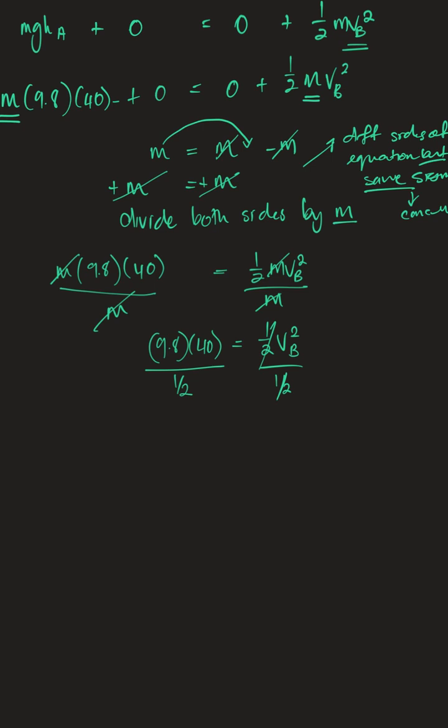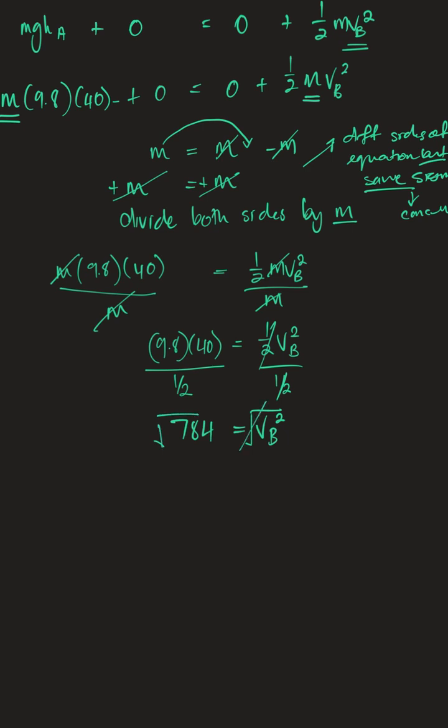pop this into my calculator, 9.8 times 40 divided by half. And I've got 784 is equal to VB squared. But I don't want VB squared. I want VB. So I'm going to square root both sides.